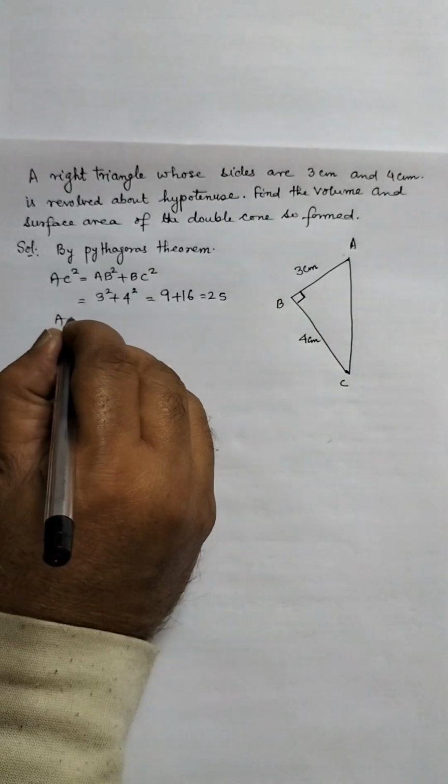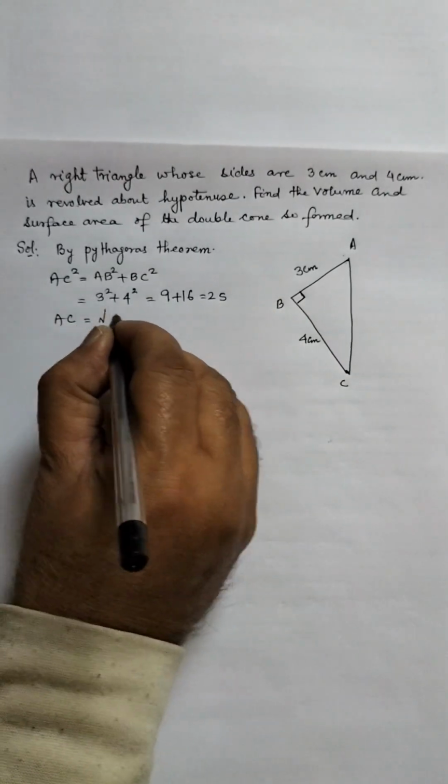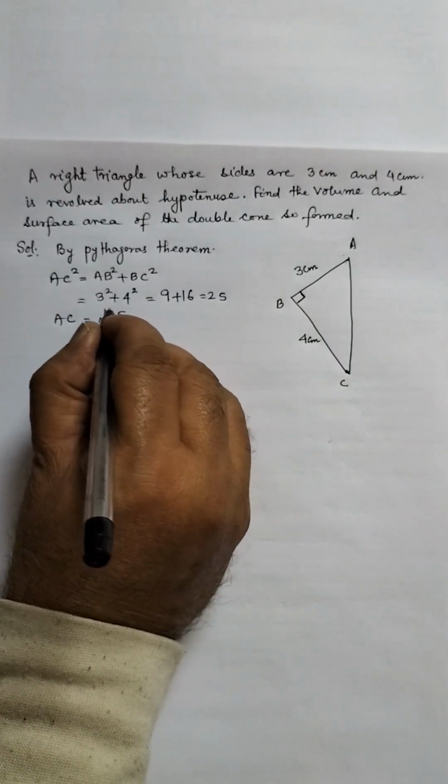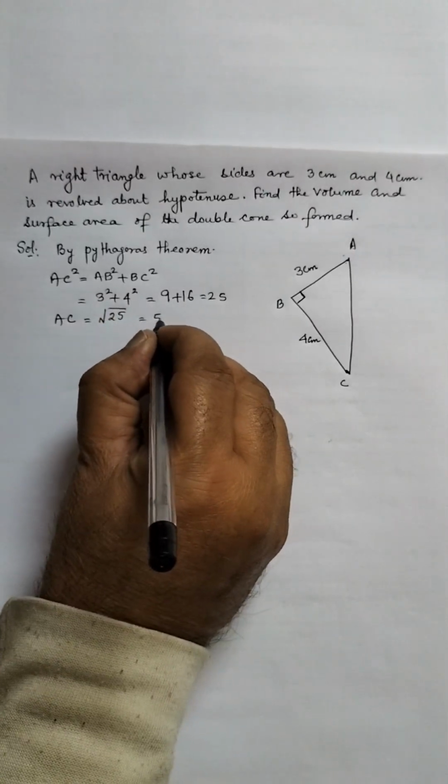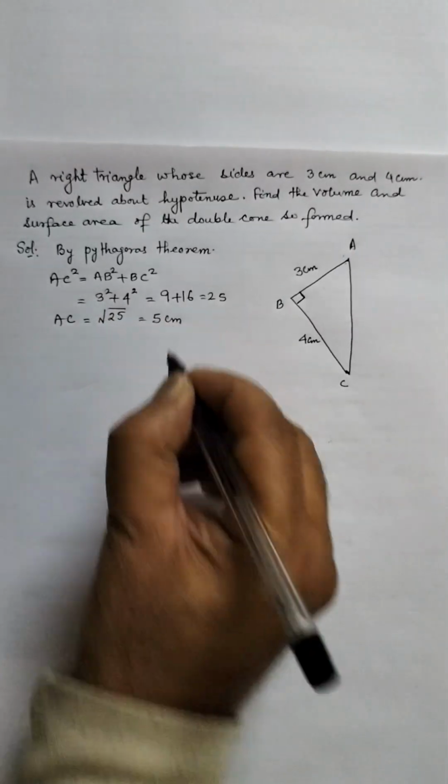So AC will be root of 25, that is 5 centimeter.